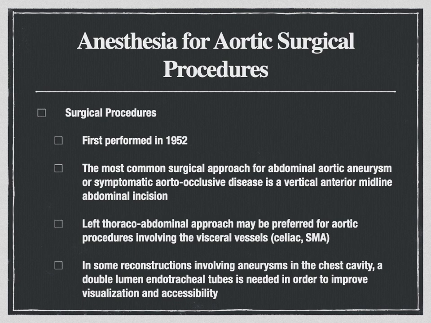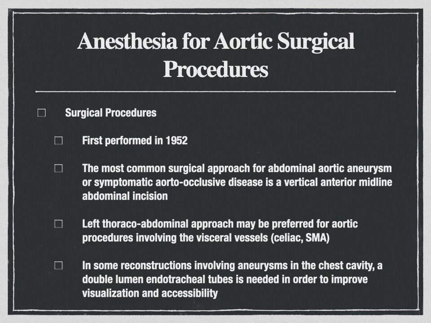Regarding open surgical procedures for correction of aortic aneurysms, the first was performed in 1952. The most common surgical approach for abdominal aortic aneurysm or symptomatic aorto-occlusive disease is a vertical anterior midline abdominal incision.